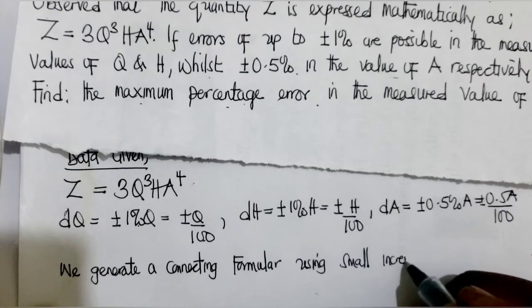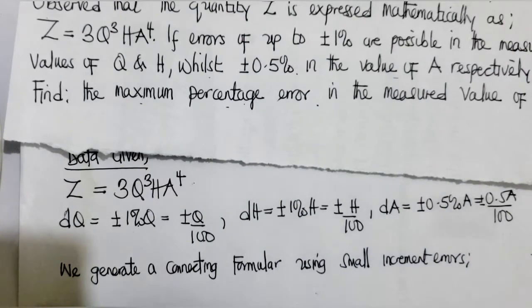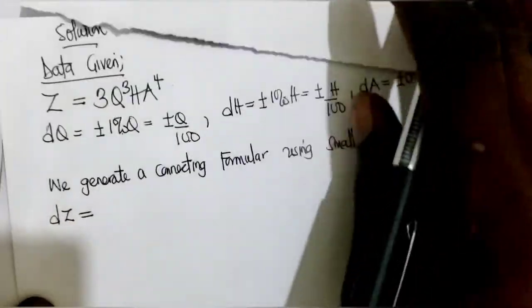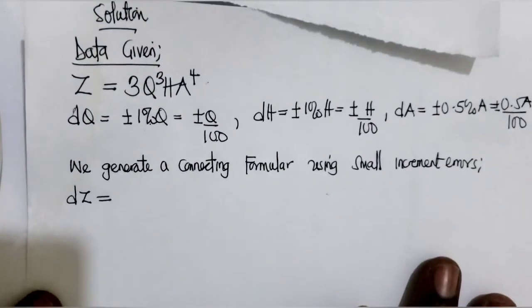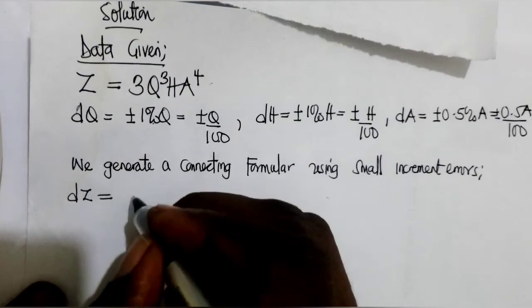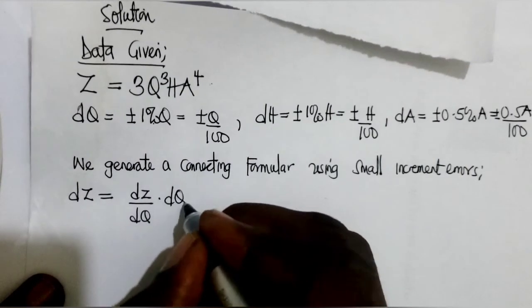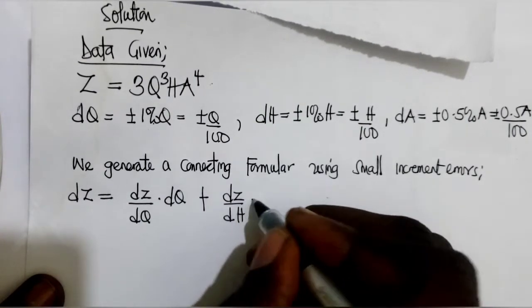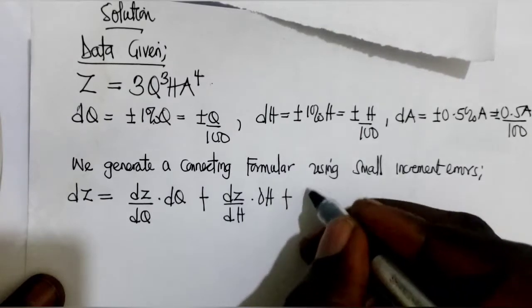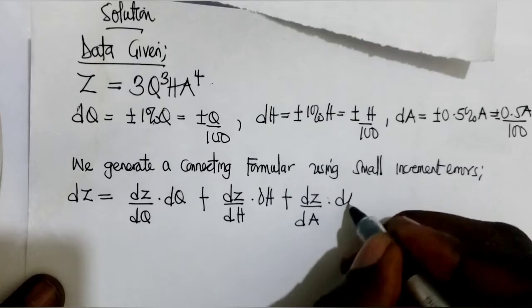The small increment error. So the error that will occur in Z is equal to dZ all over dQ dot dQ plus dZ all over dH dot dH plus dZ all over dA dot dA.